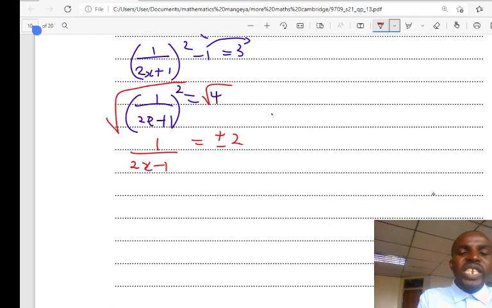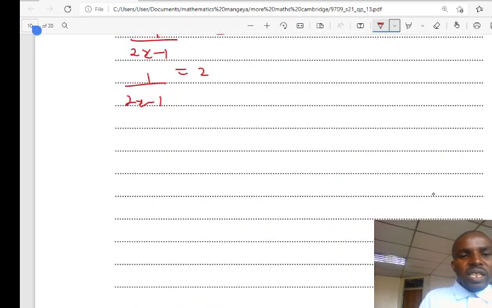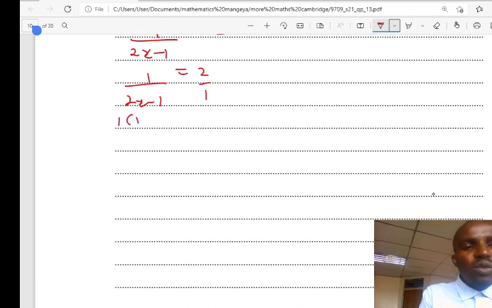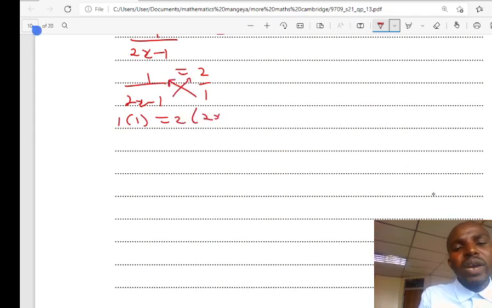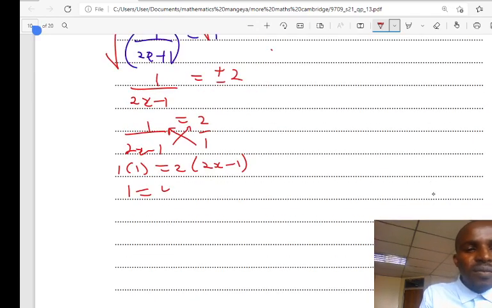Then first, you take with plus. Second, you take with minus. So if it's plus 2, you can say 1 over 2x minus 1 is equal to 2. Then after that, you can cross multiply. This one is over 1. 1 times 1 is equal to 2 times 2x minus 1. 1 times 1 is equal to 4x minus 2 after removing brackets.